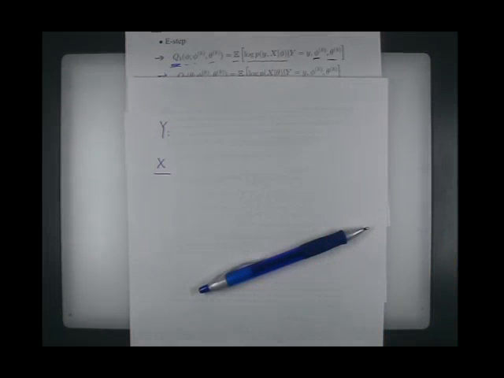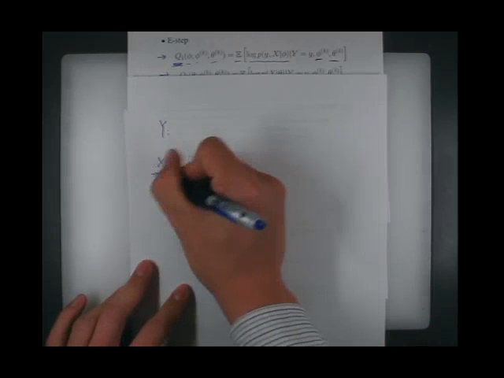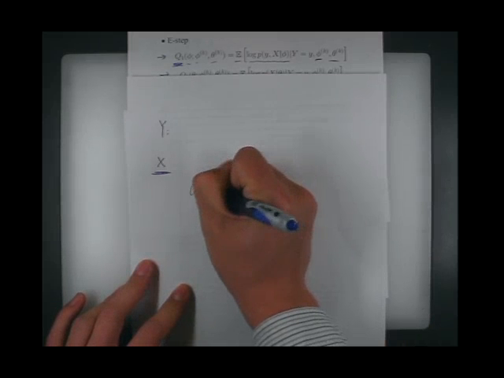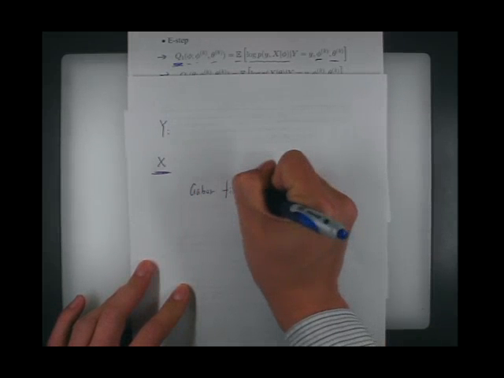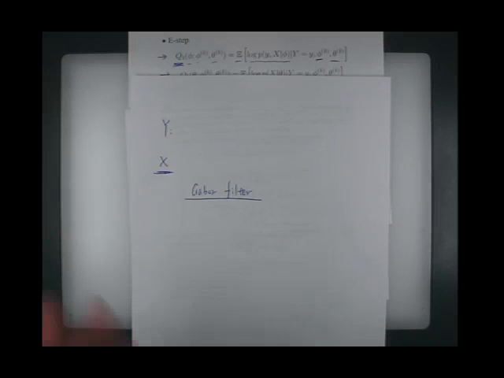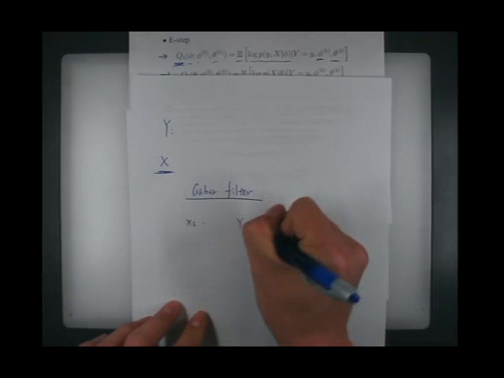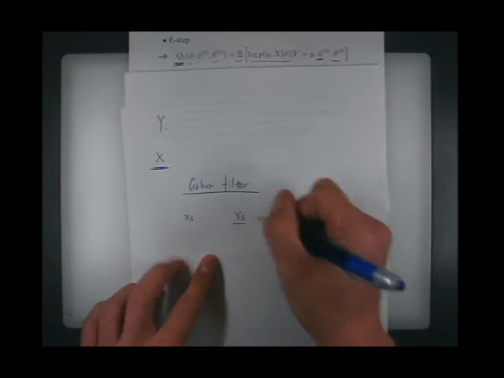I'll give you some examples about how to generate this vector Y. For each of the pixels, typically we use the Gabor filter applied onto the image. And the Gabor filter can detect edges or lines or any kind of saliency point in the image. And for each of the data points X_s, we apply a Gabor filter, we can get a vector Y_s. And this is the so-called feature vector.